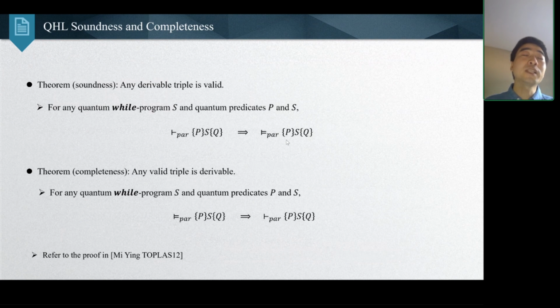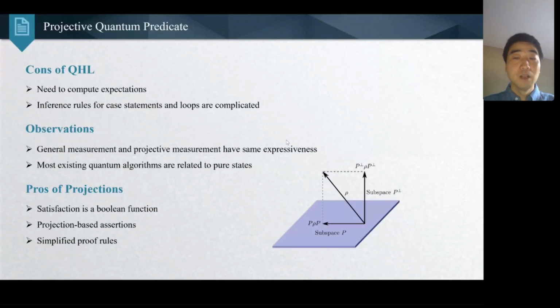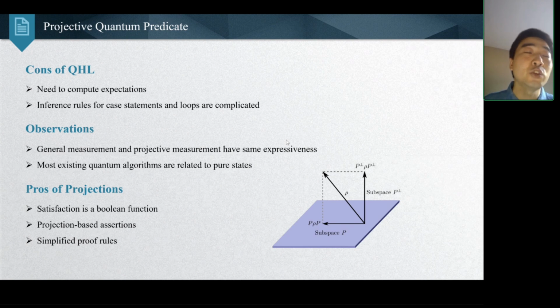Okay, so the proof system is perfect in the sense that it's sound and complete. But observables are kind of counterintuitive.